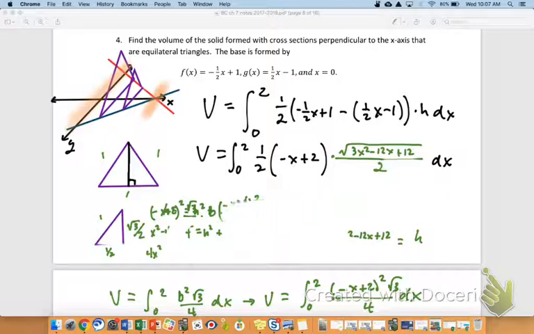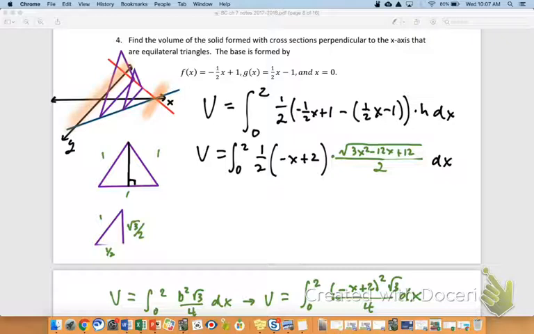How on earth is that the same thing as what we have up above? And I think we can make it work. So if I were to take this, you all okay with 1/2 times 1/2 is 1/4? So it'd be 1/4 times negative x plus 2 times.